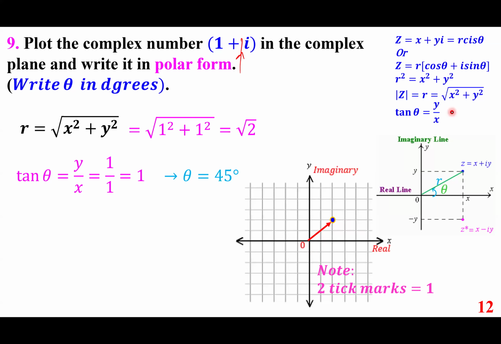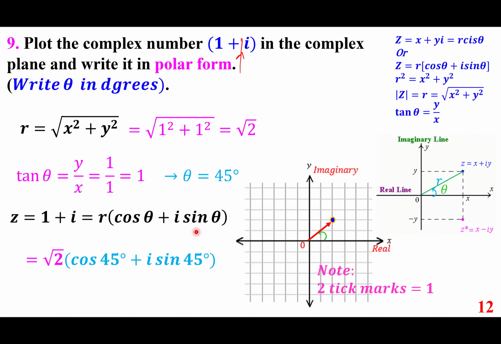So let's call it z. This angle is 45 degrees. Z, which is 1 plus i, is also equal to r cosine theta plus i sine theta, or cis theta. C for cosine, i, and then S for sine. So r, square root of 2, cosine of 45 degrees plus i sine of 45 degrees.